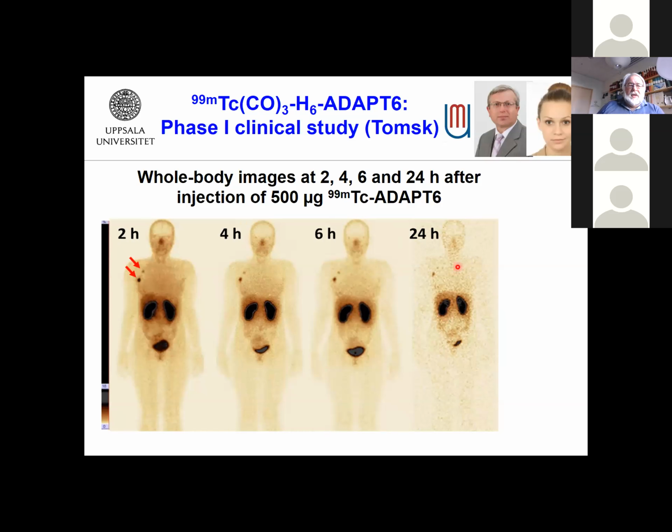So these are clinical images using technetium label products. So the same feature as in mice, high uptake in kidney, liver was also visible, but tumors, HER2 with high level of HER2 expression, were very, very clearly visualized already 2 hours after injection.